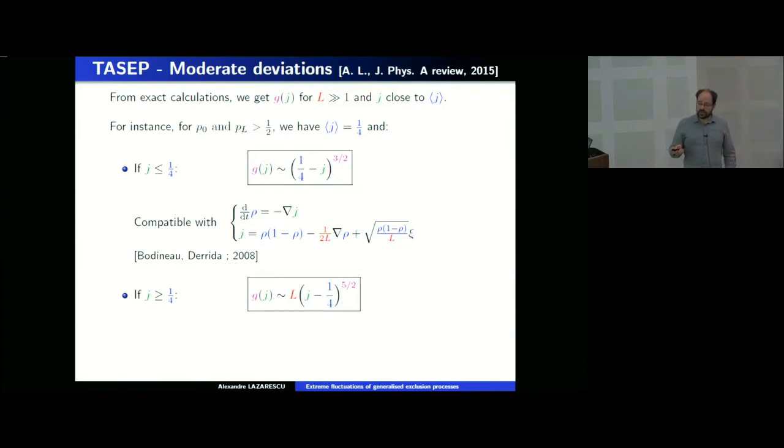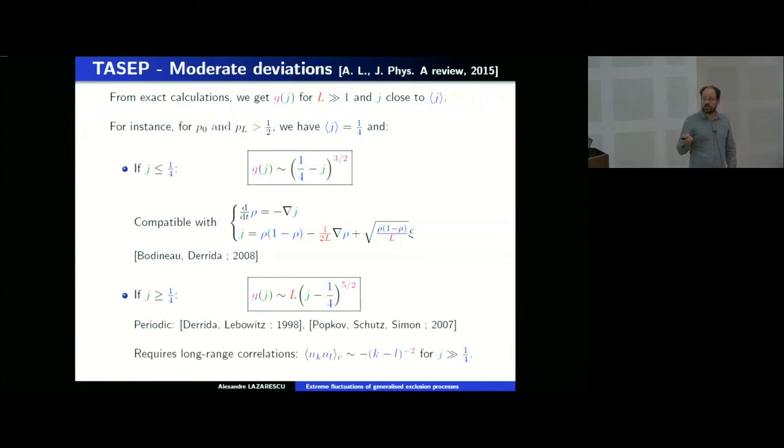This scaling with L is not incompatible with the macroscopic fluctuation theory. In fact, if you plug in a current larger than the average here, you would get an L here. The thing that fails is this power. So in fact, this is not compatible with macroscopic fluctuation theory. This behavior, two different scalings, is certainly related to what Stefano was saying last week. Unfortunately, he's not here today.